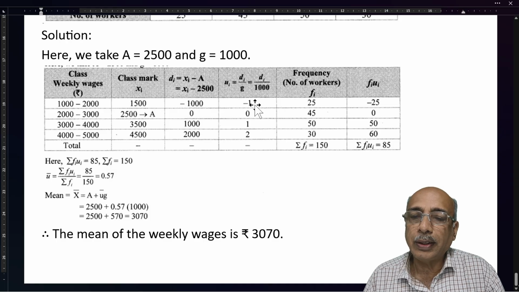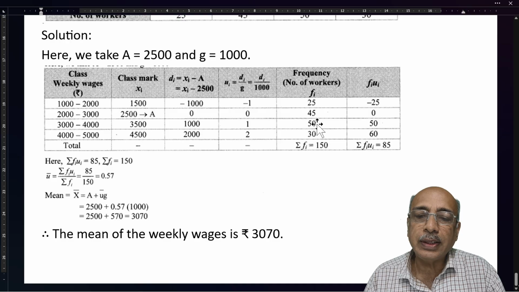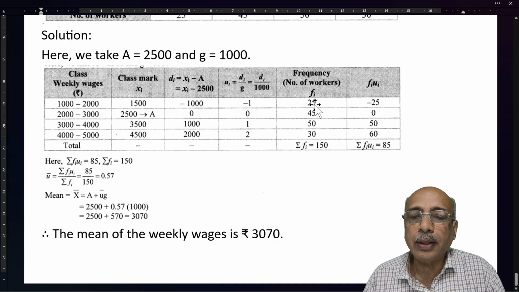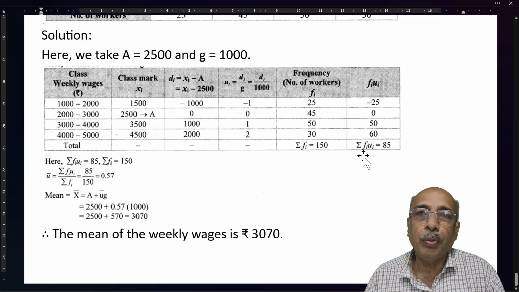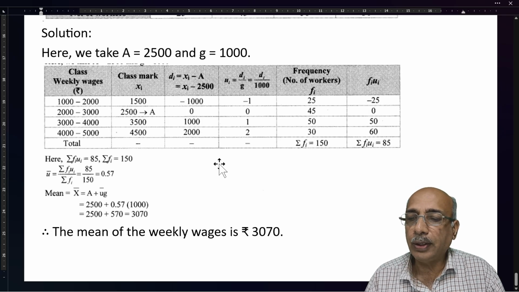So divide by 1000, simplify it, you will get it here. Frequency is given, take Fi ui, so minus 1 into 25 is minus 25 and so on. Simplify here, you will get sum of Fi ui equals 85 and sum of Fi, that is frequency, equals 150.